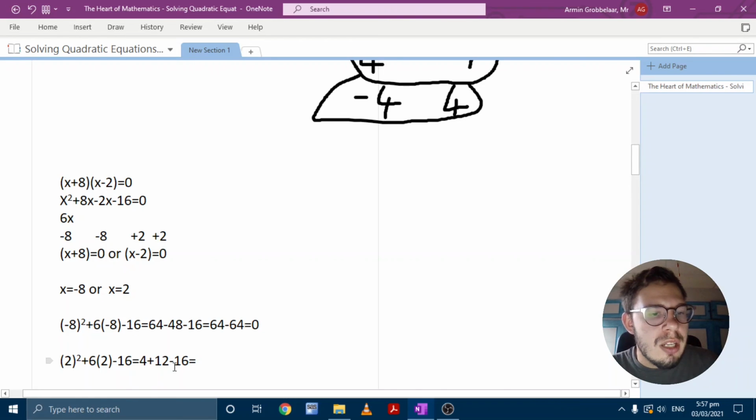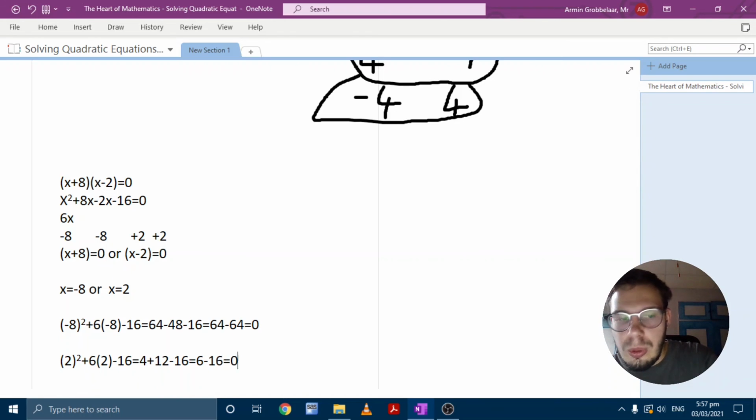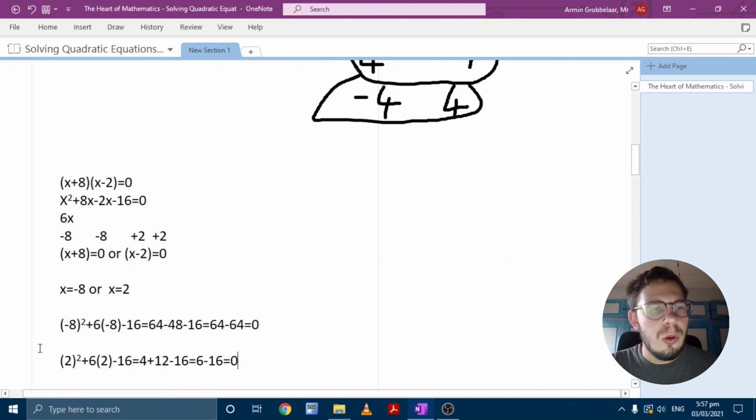Now 4 plus 12 is 16, and then I'm left with minus 16 is equal to 0. So I know my answer of x equal to 2 is correct for this equation.